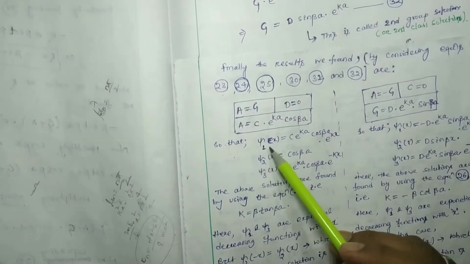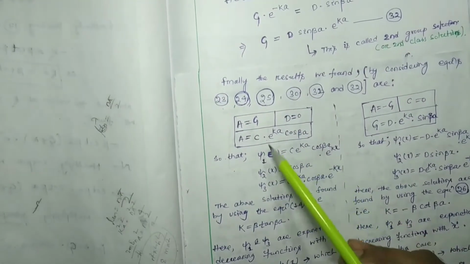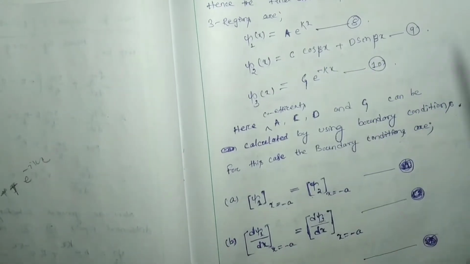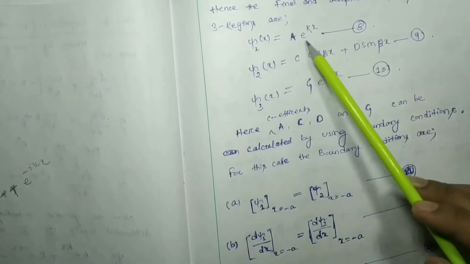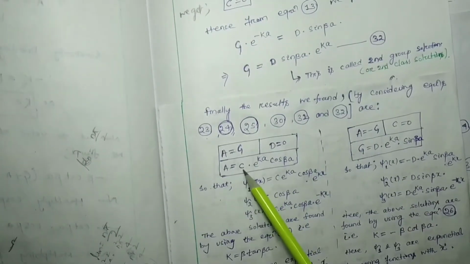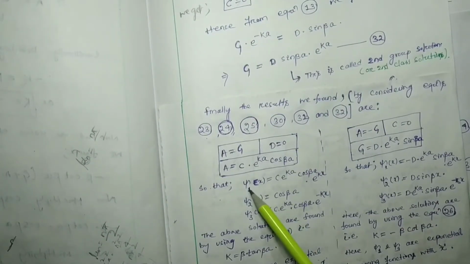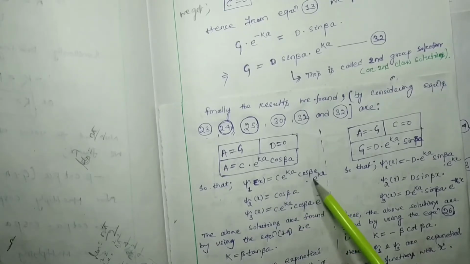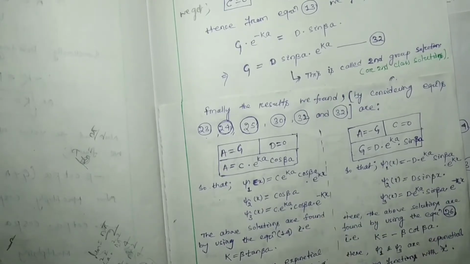So psi 1(x), how much will it be if we consider these things? Psi 1 is nothing but A e to the power kx. Instead of A we can write C e to the power ka cos beta a. So psi 1(x) will be C e to the power ka into cos beta a into e to the power kx.